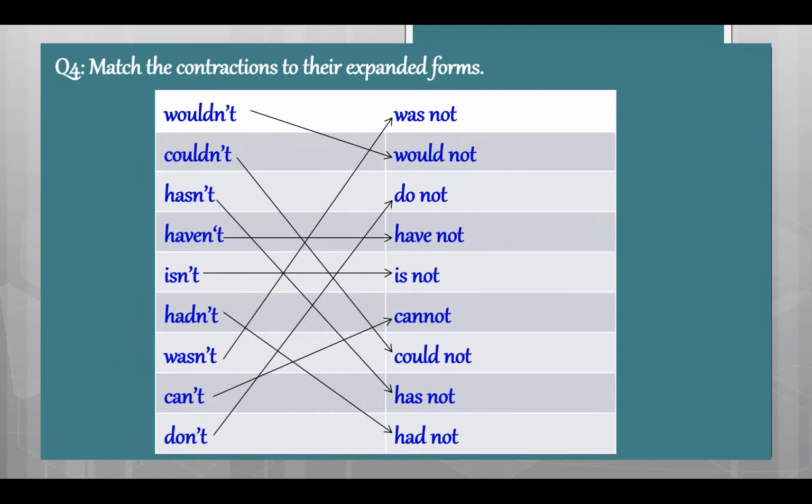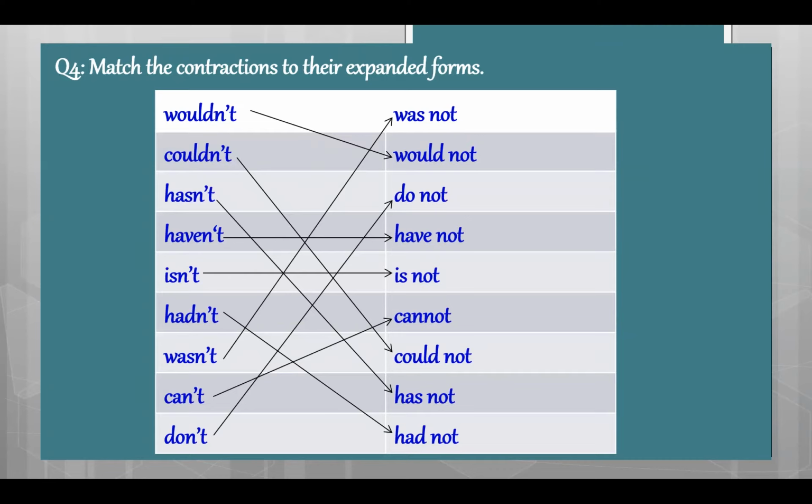Short forms are given in one column and they are wouldn't, couldn't, hasn't, haven't, isn't, hadn't, wasn't, can't, and don't. Okay, these are match the columns. You have to match the short forms, the contracted forms, to their full forms.